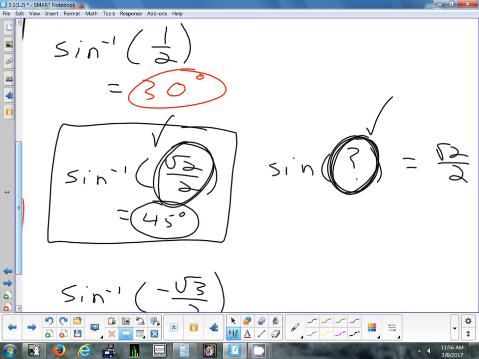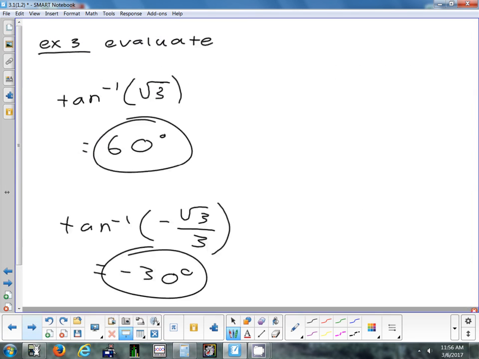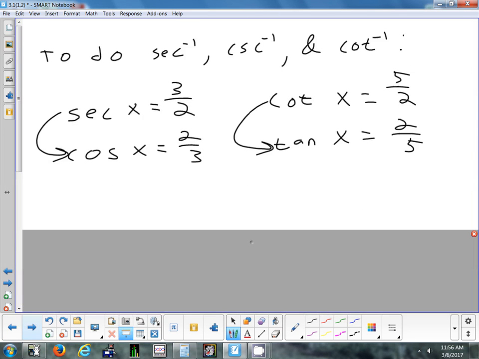So, how would I do this problem? What would I type into my calculator to figure out what x is? Well, we don't have an inverse secant button, so we only have inverse sine, inverse cosine, or inverse tangent.